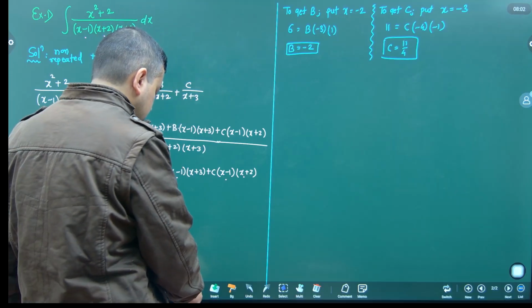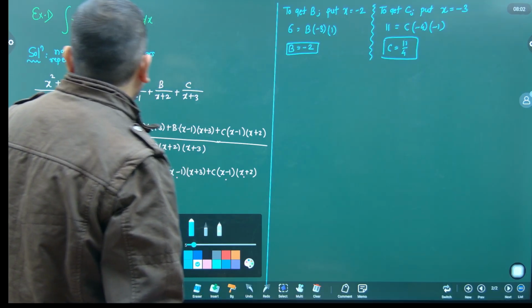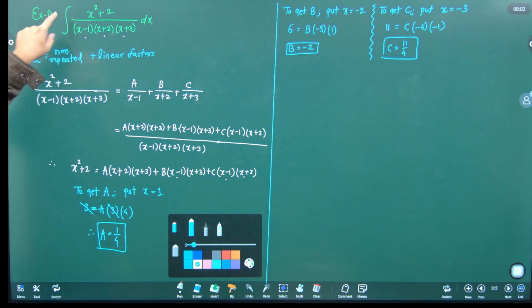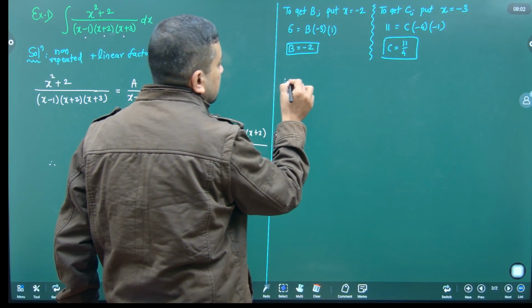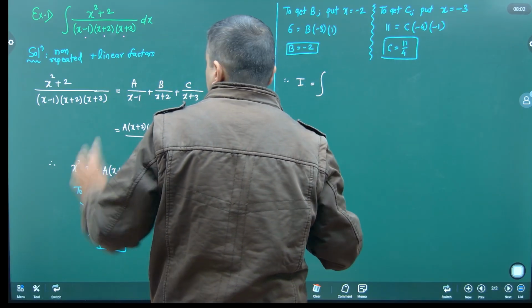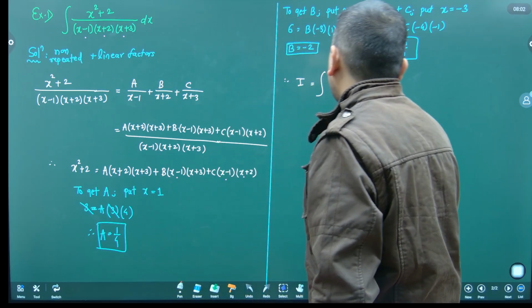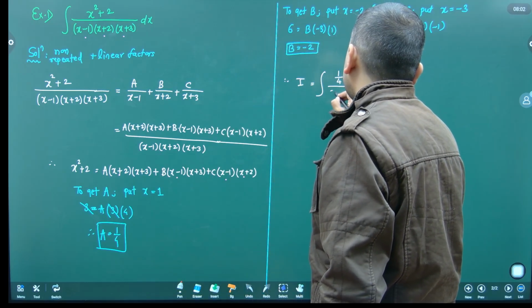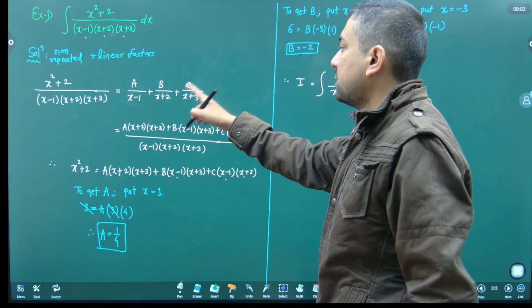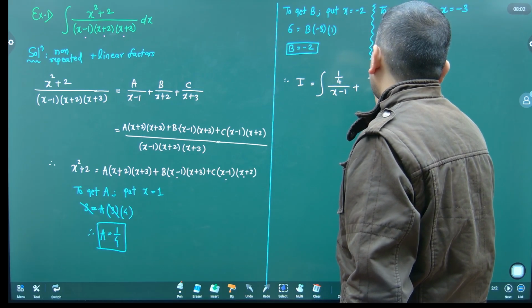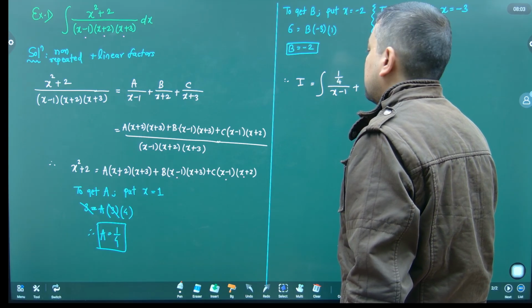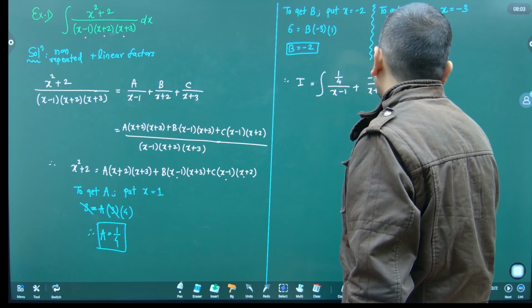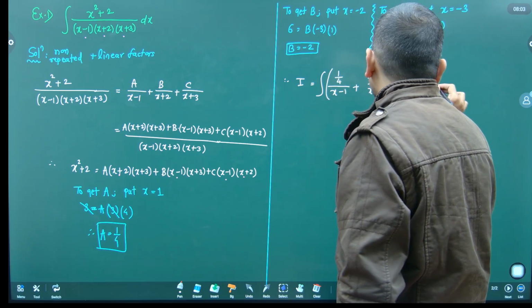Now, let us come to the integral, right? What you want to find is the integral of this, which is nothing but the integral of this. So I will be equal to the integral of a upon x minus 1, where a is 1 by 4, plus b upon x plus 2, plus c upon x plus 3, dx.